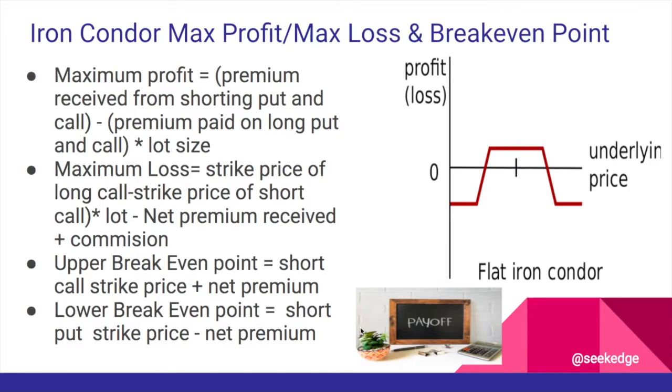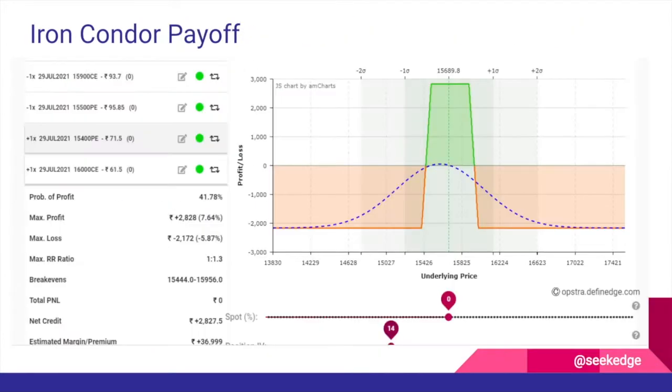The maximum profit is nothing but the net premium times the lot size. It's very easy. You can see that the 15,900 call is costing 93 and the 15,500 call is costing 96. So those two combined come to somewhere near 200.